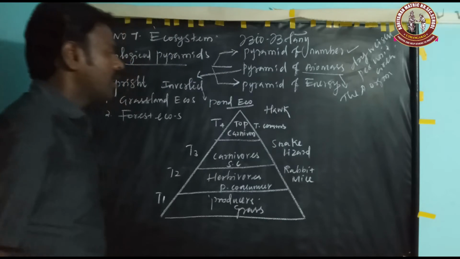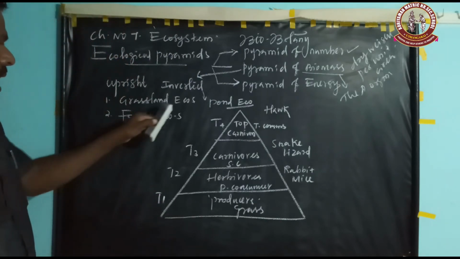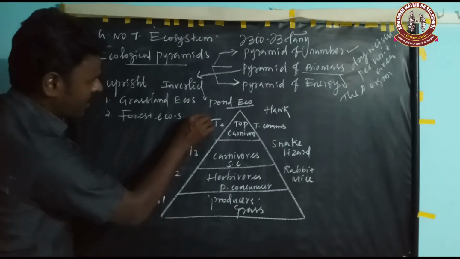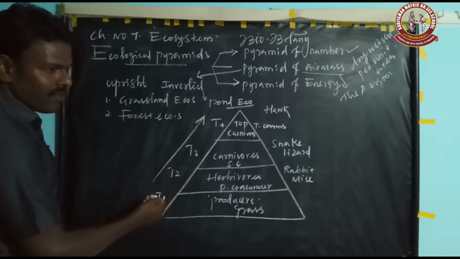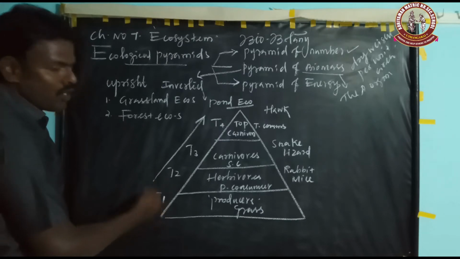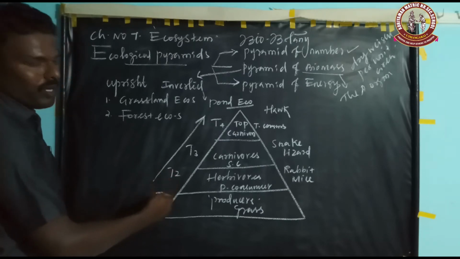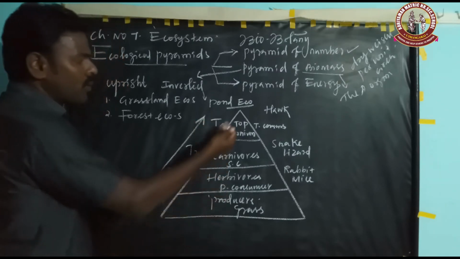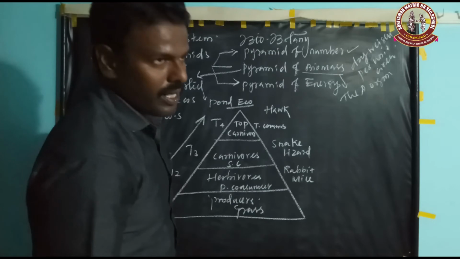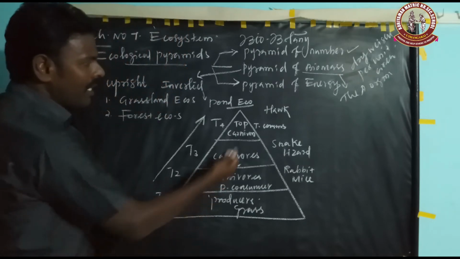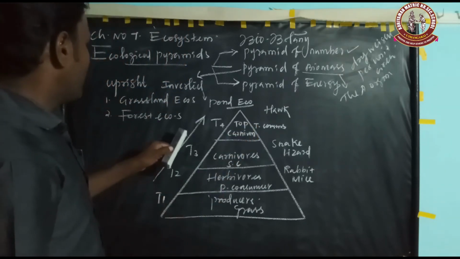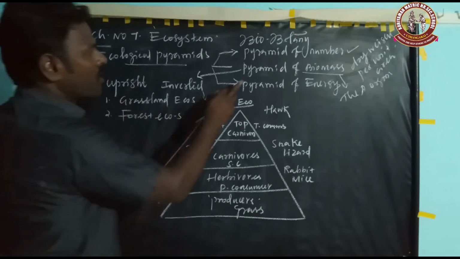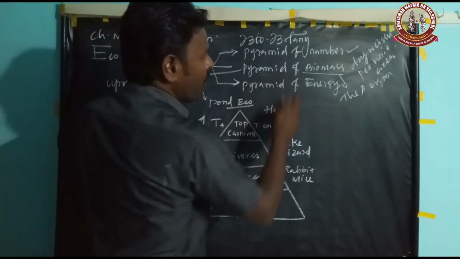You see that in the pyramid of the grassland ecosystem, the biomass gradually decreases from producers to the top carnivores, or tertiary consumers. That is the example of an upright pyramid of biomass in the grassland ecosystem.